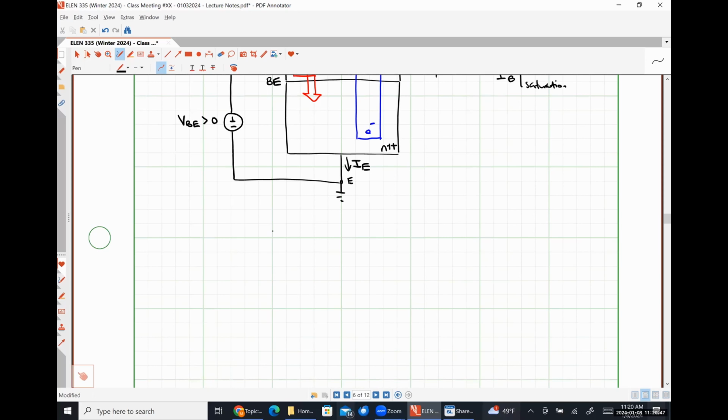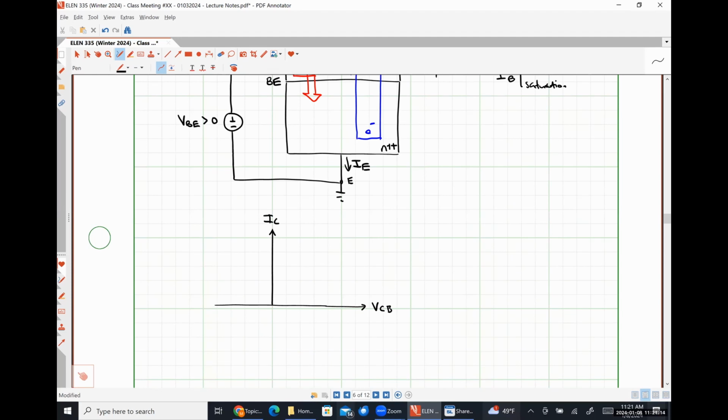So this is going to be IC on the vertical axis, and this is going to be VCB on the horizontal axis. And this curve is going to be representative of some fixed value of VBE, right? Because there are 3 parameters in play here.